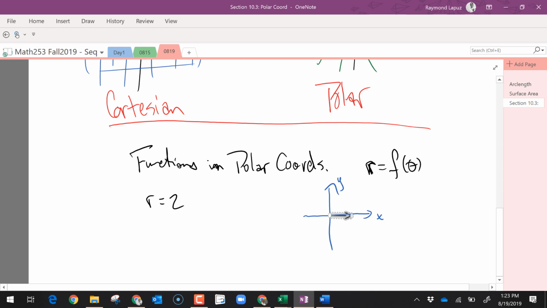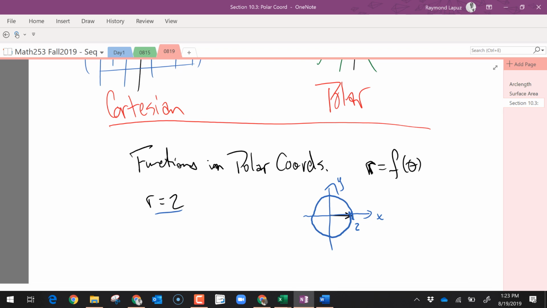As you rotate that around, you're going to draw out the radial distance that this has. And in this case, since the radial distance is a constant 2, r is equal to 2, the length of this arrow is not going to change. That arrow is called a ray, by the way. The length of the ray isn't going to change. So the graph of a constant r equal to 2 is just going to be a circle of radius 2.